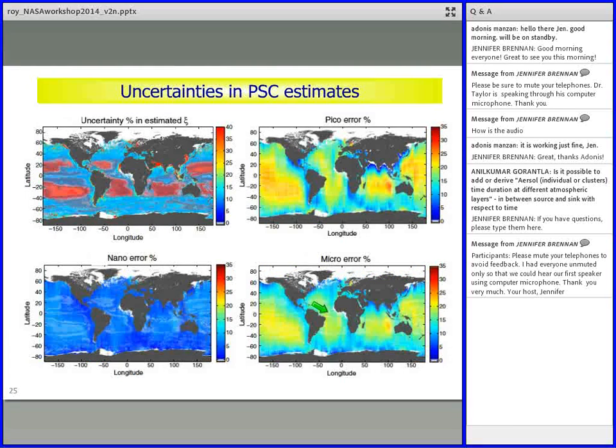Now, because this is a bio-optical algorithm, which is a deterministic model, it can also be used to compute the uncertainty in our estimation. We calculated the uncertainty in estimation of all those quantities, and we can see that the percentage of uncertainties vary spatially.